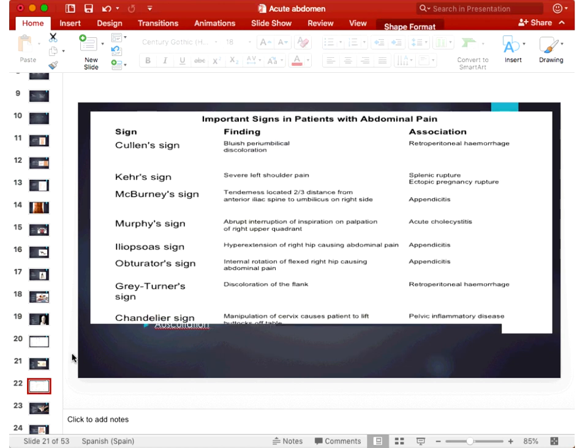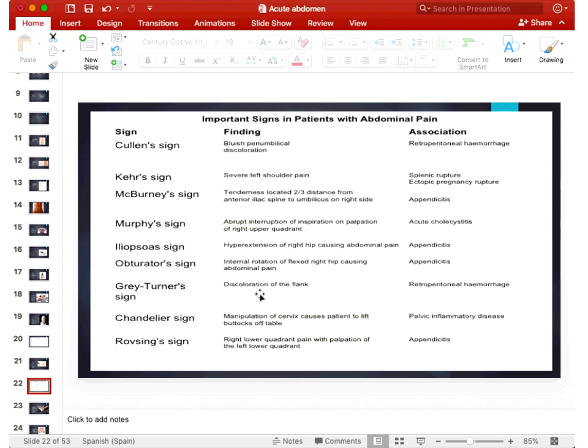Now after that, you may find signs that will guide you to think of one pathology over the other, such as Cullen's sign, which is a common finding on pancreatitis or on hemorrhagic pancreatitis, or the Kehr sign, which is pain on the left shoulder, and it's indicative of splenic rupture.